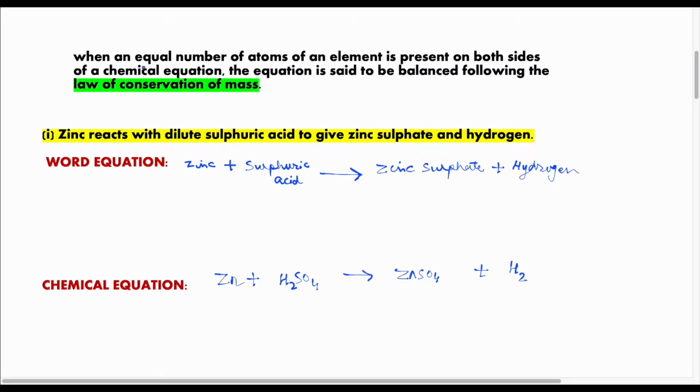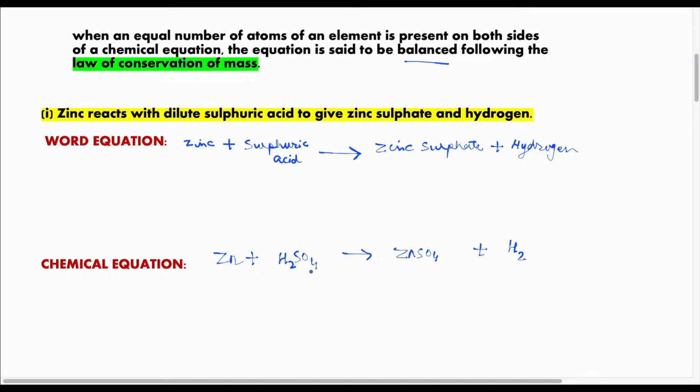We know that when an equal number of atoms of an element is present on both sides of a chemical equation, the equation is said to be balanced, following the law of conservation of mass. Now, let us examine the number of atoms of different elements on both sides of the arrow, that is on the left hand side and the right hand side.